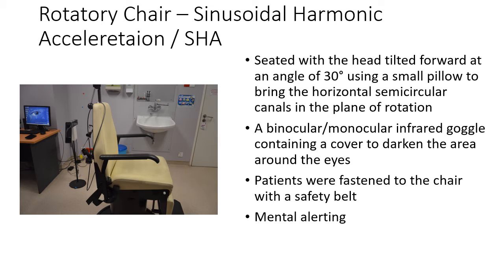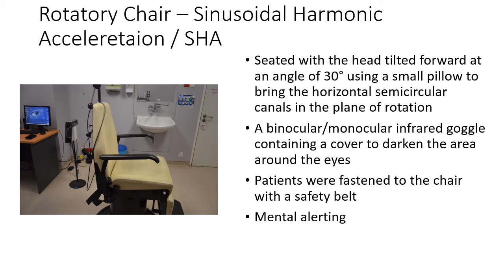Then we put on a binocular or monocular infrared goggle, which contains a cover to darken the area around the eyes to record the eye movement. And the patient is fastened to the chair using a safety belt, and the head is stabilized in a head rest.